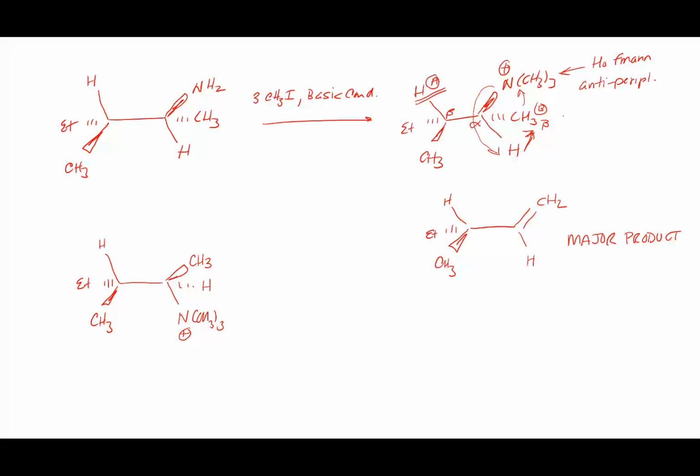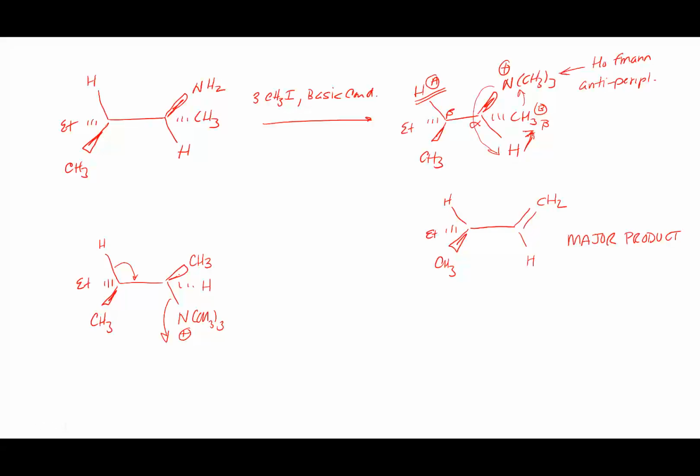And so now when we heat this system, I lose my hydrogen, I lose my nitrogen. The groups that are on the bold wedges will be cis. The groups that are on the dashed wedges will be cis. So in this case, on the left-hand side, I'm going to have an ethyl and a methyl.